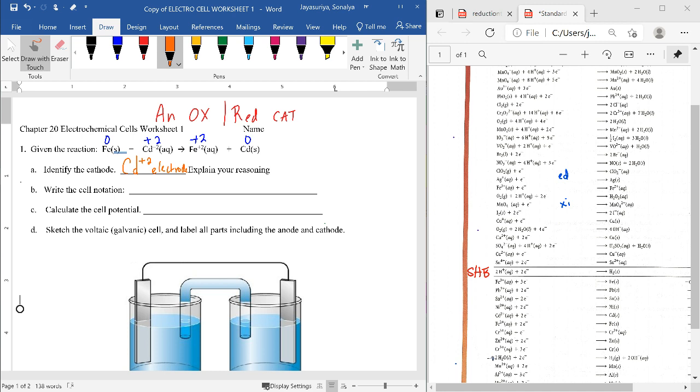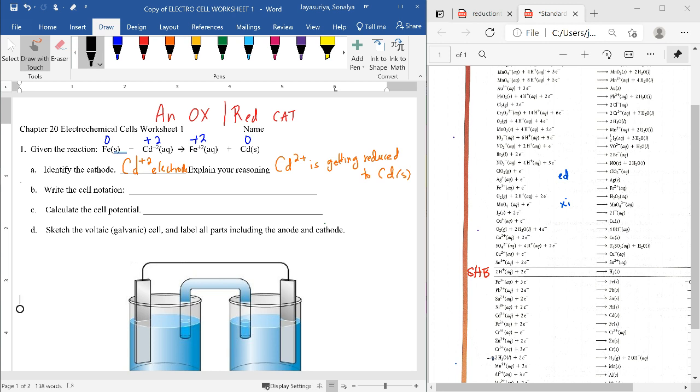So that's the cathode. Cadmium 2+ is getting reduced to cadmium solid. So that is the explanation for why the cathode is Cd2+, or the cadmium electrode. Okay, then write the cell notation.